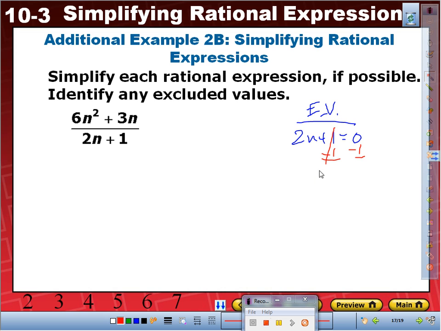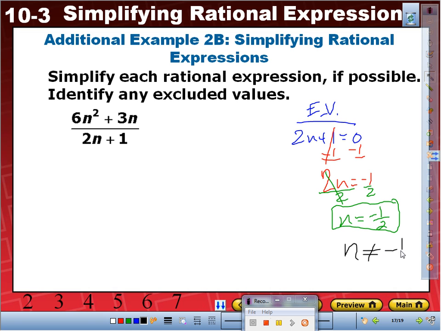Minus 1, minus 1, 2n equals -1. What do we do at the end? Divide by 2, divide by 2, n equals -1/2. So my excluded value is -1/2. What's another way of saying that we cannot include it? N cannot be equal to -1/2.